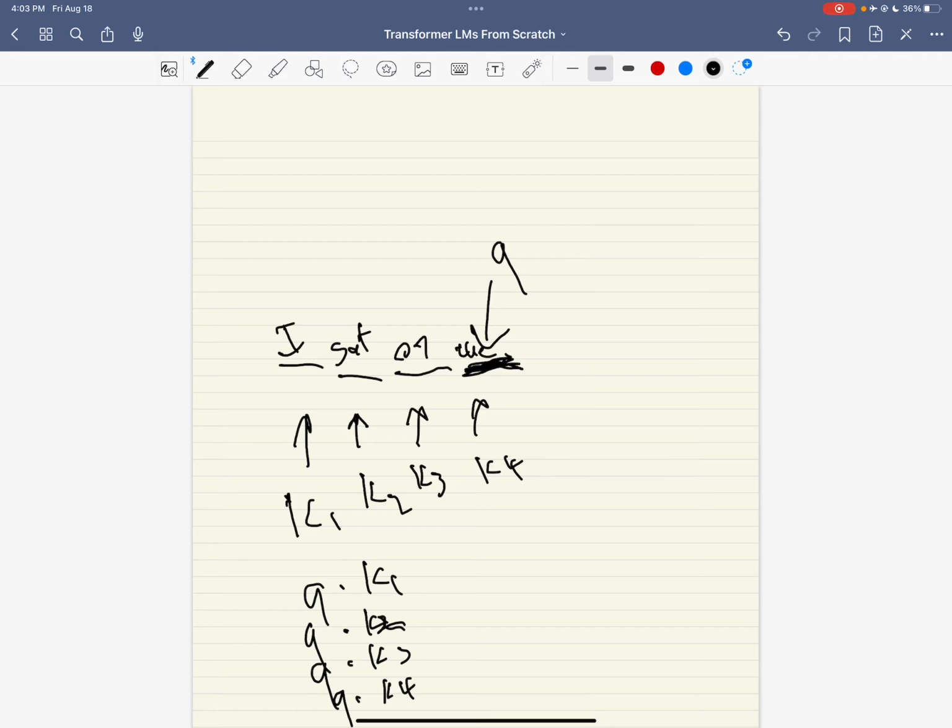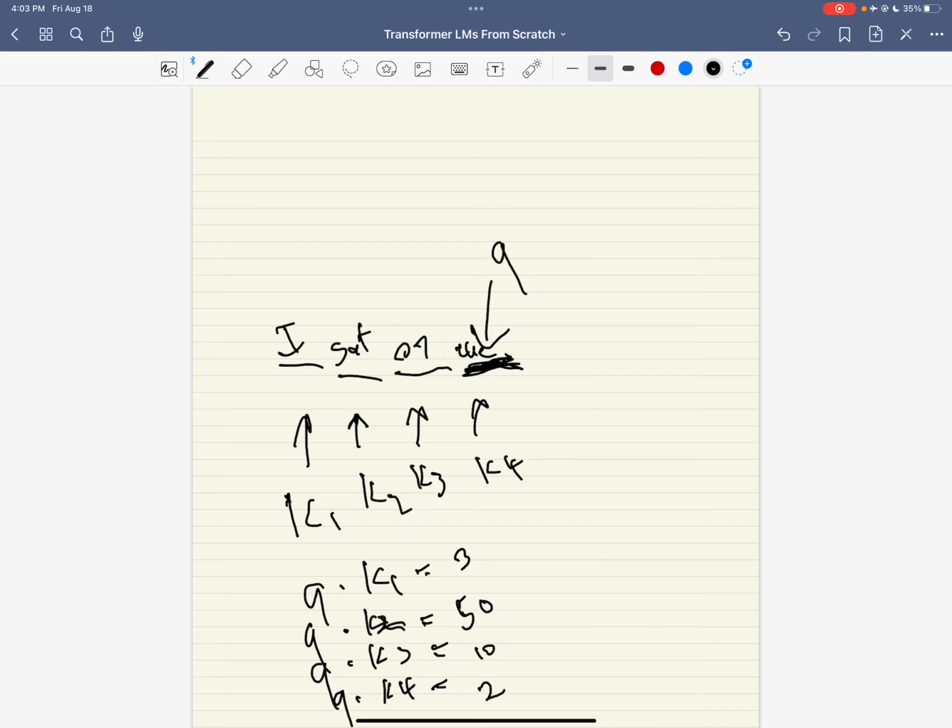We're trying to predict the next word, right? So the second word here is really important. All the other words probably not very important, right? So when we dot product these vectors, we're going to get numbers. So this is probably going to be equal to like 3, and this is going to be equal to like 50 maybe if we have a good model, and this is equal to like 10, and this is equal to like 2.